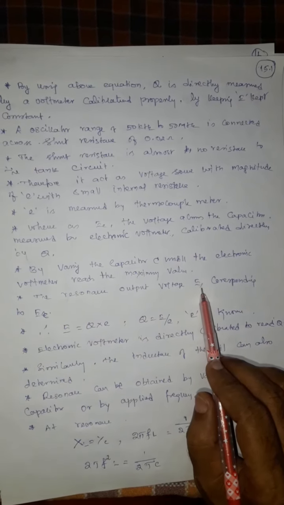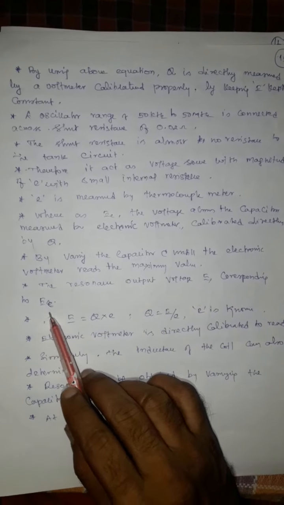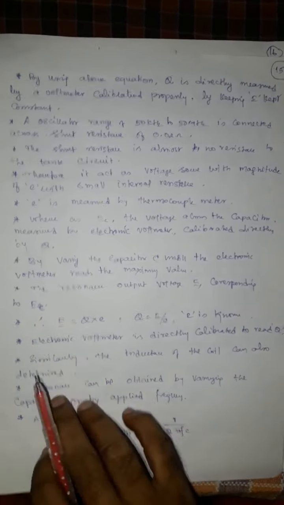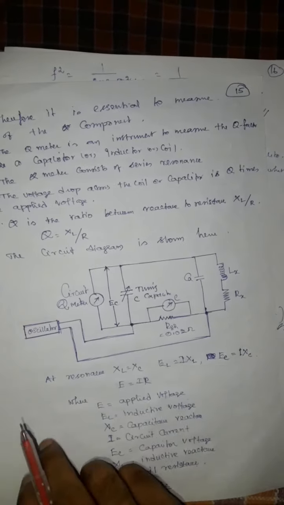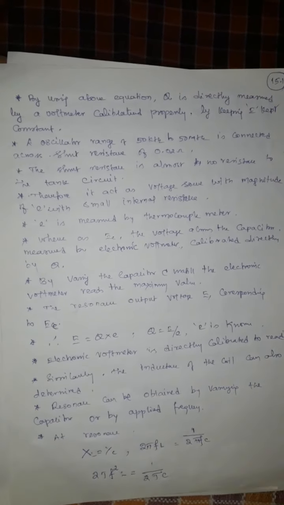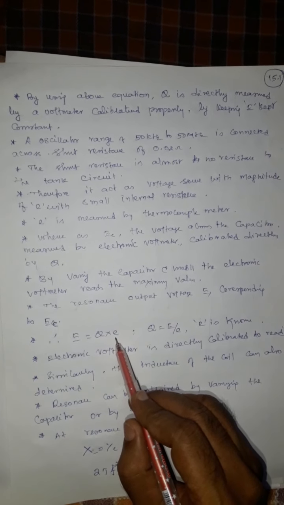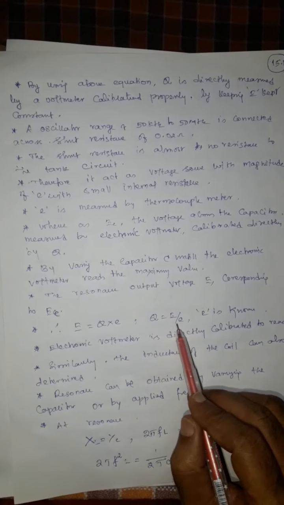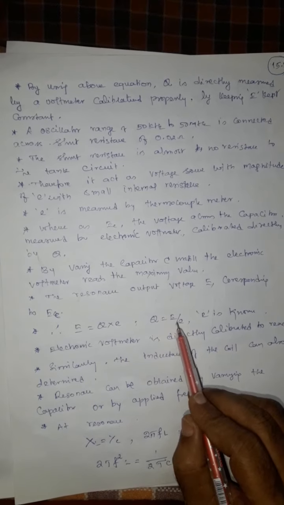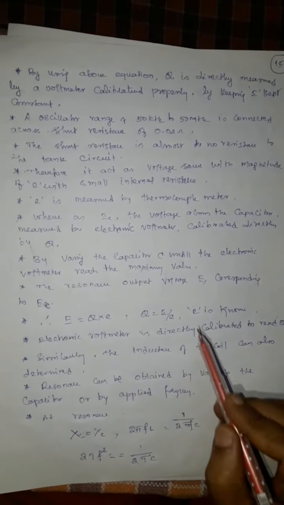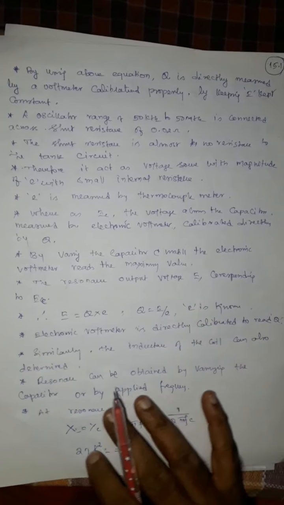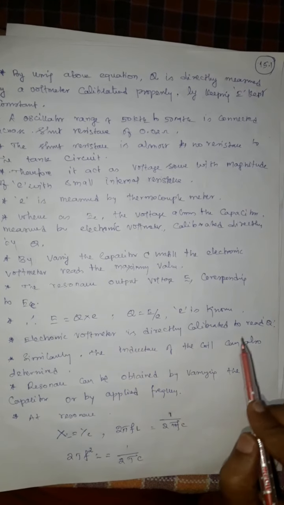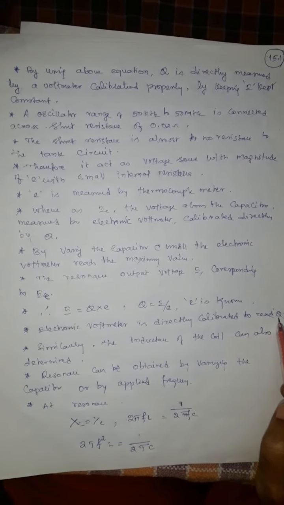At resonance, the output voltage E corresponds to EC, that is, the output voltage E equals EC. E equals Q multiplied by the input voltage small e. Therefore, Q equals capital E, that means output voltage EC, divided by small e. Since the input voltage is known, the electronic voltmeter is directly calibrated in terms of Q.